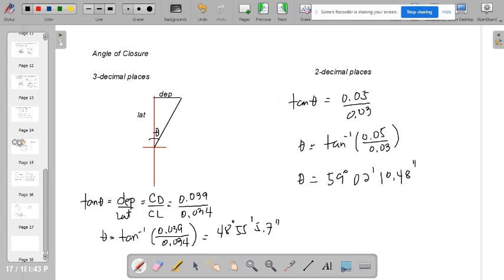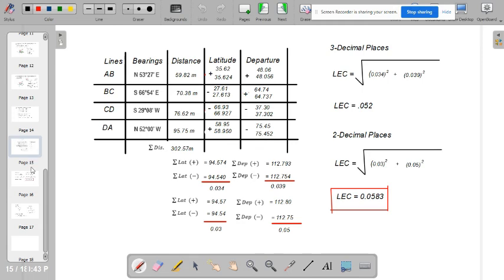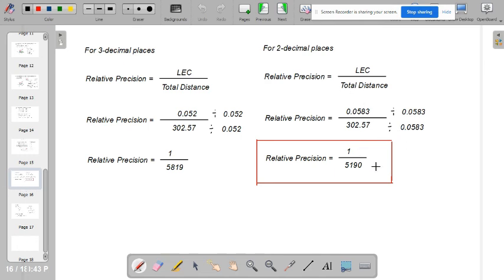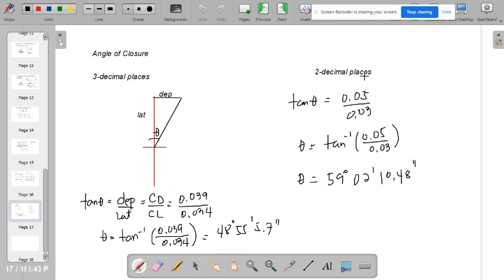Wala sa choices. So, if you notice, dito sa LEC, gamit na gamit yung 2 decimal places. Dito naman sa relative precision, 2 decimal places ang lumalabas. Pagdating dito sa theta, ang 3 decimal places naman ngayon ang lumalabas na nasa choices, no? Now, please take note of this.